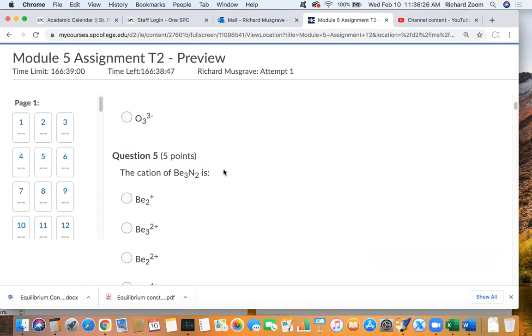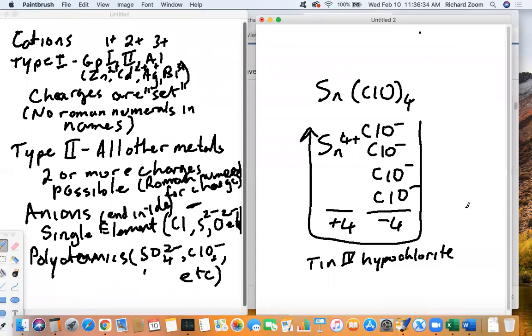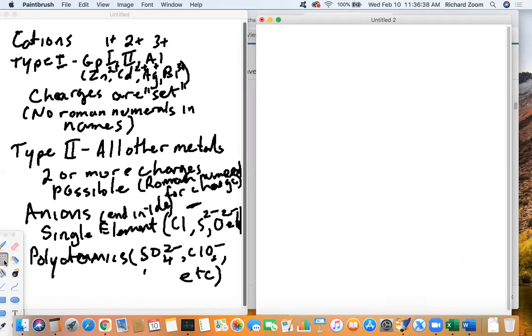All right, let's look at this one. Cation of Be3N2. What you would do is find out the charge of Be.